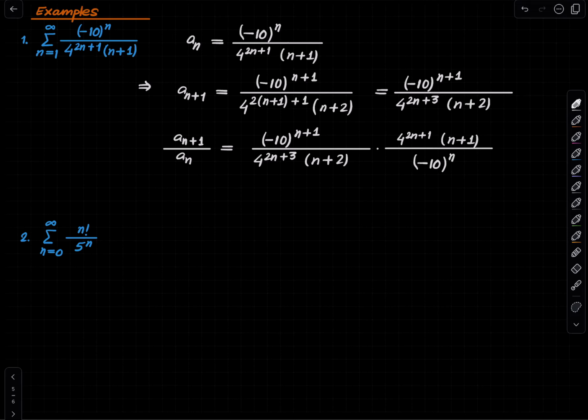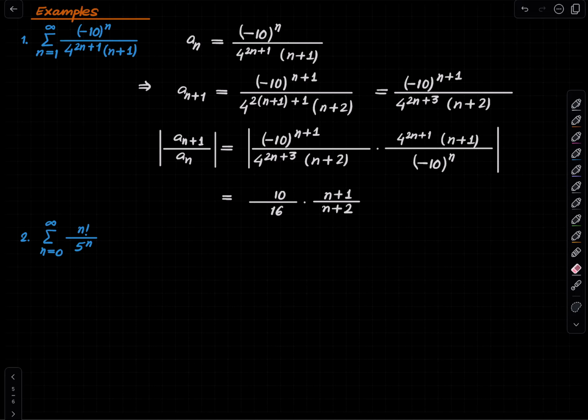We get minus 10 to the 1, which is minus 10 in the numerator. And we also get 4 squared in the denominator, which is 16, and n plus 1 divided by n plus 2. So if we take the absolute values, we get this expression.